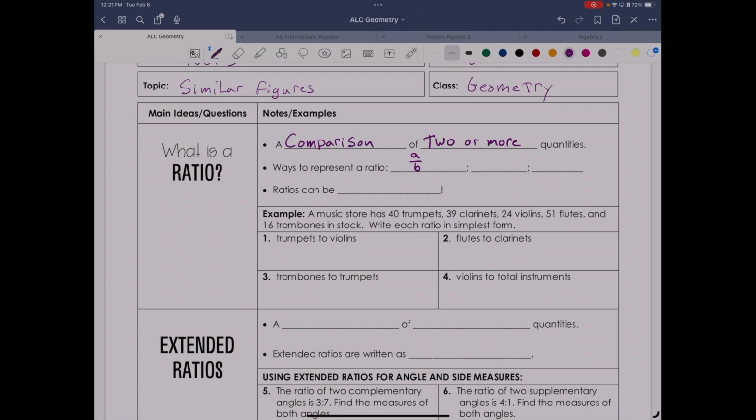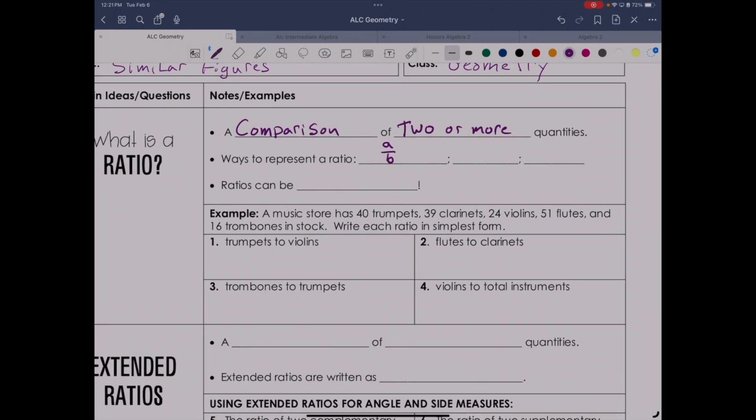Another way that it can be written is sometimes you'll see A semicolon B, or something like A to B. The most common one that we're going to use, and the one that we'll use 99% of the time, is we're going to represent it as a fraction. That's what we're used to.